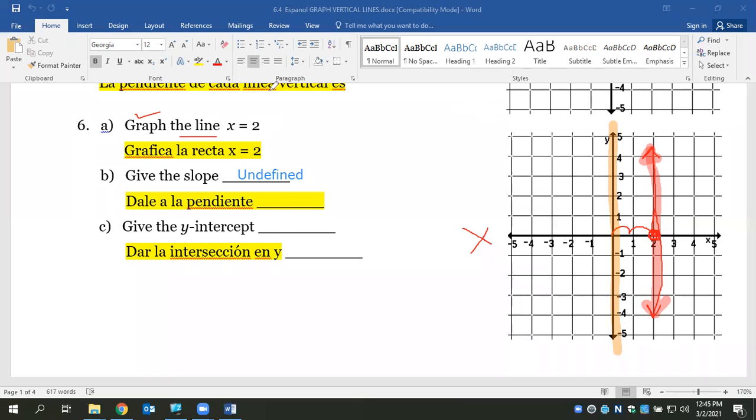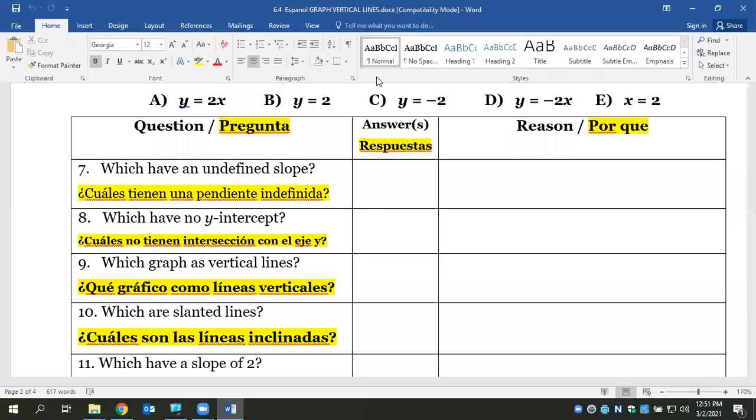No. So we're going to say none, like none of your business. There is no y-intercept. So the answer is going to be none. Okay. So this type of question is really a trick question.